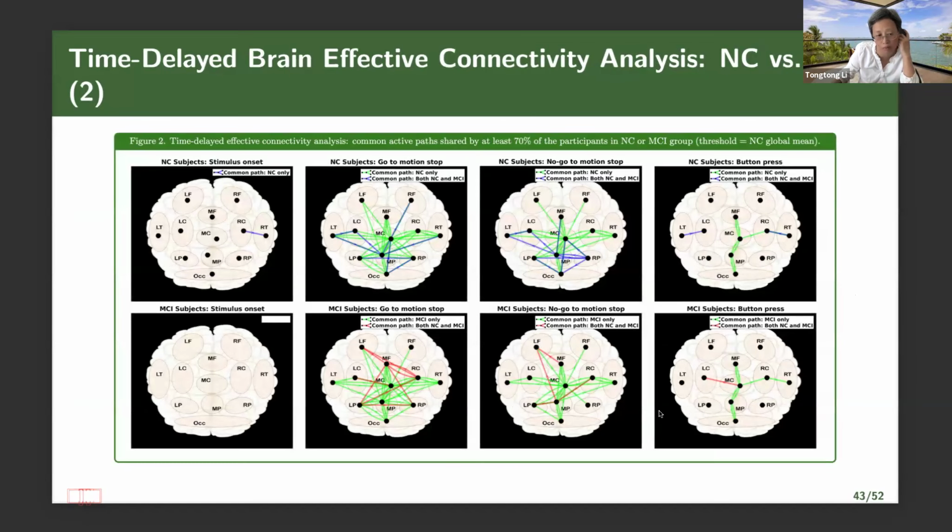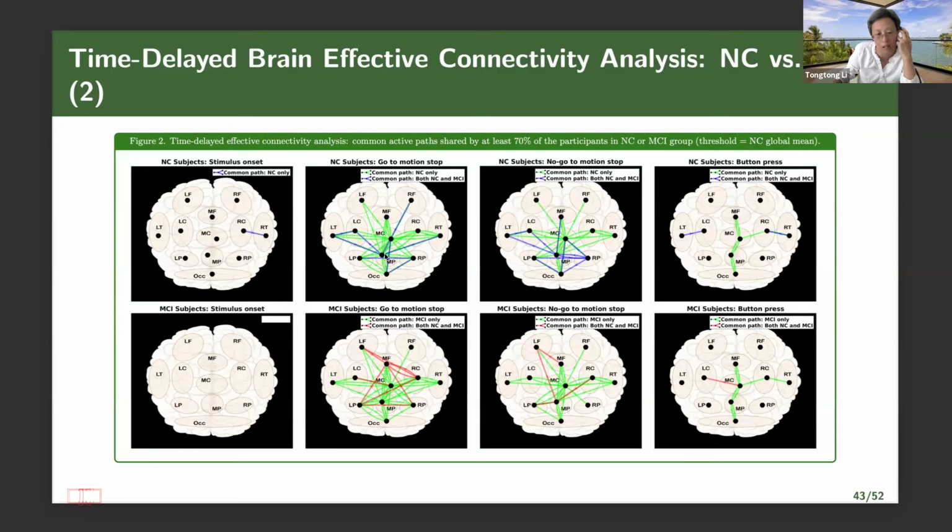So here is what we found. We found that in stimulus onset, not many regions are active. We didn't find anything in the MCI subjects. And we found one, the arrow, this is from RC to RT. The arrow is really too small. We need to change that.